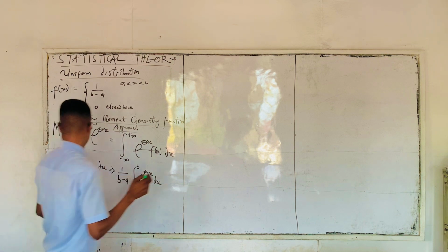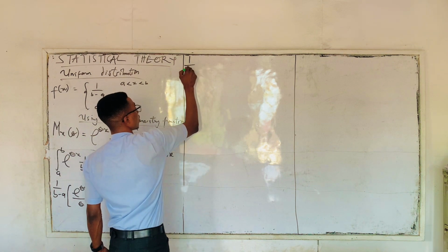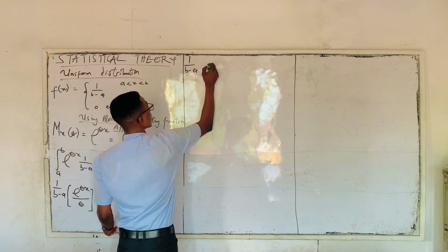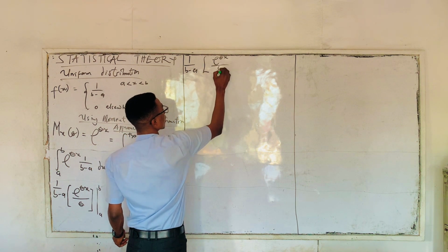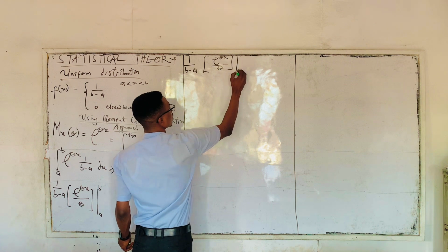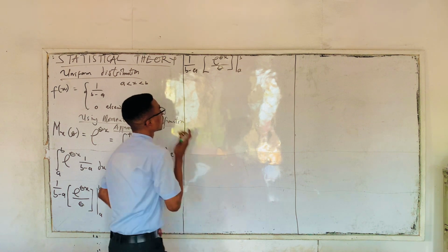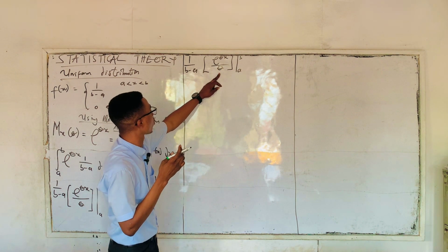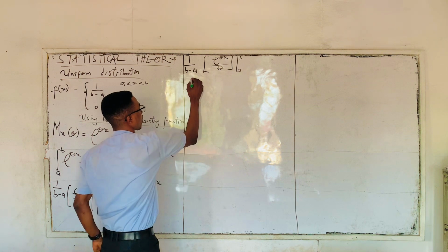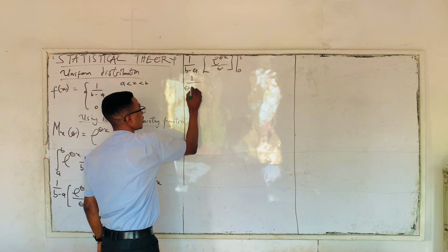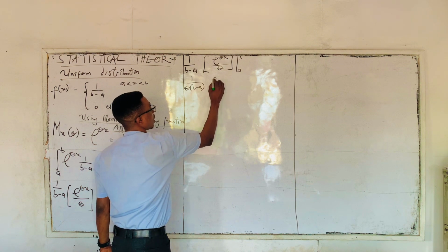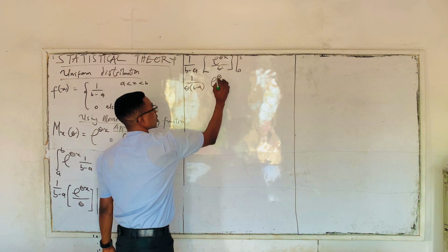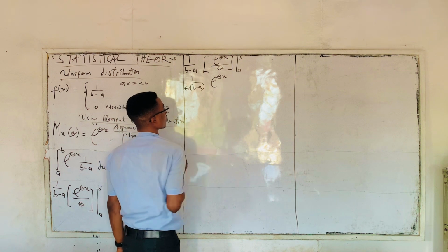And of course, we have 1 over b minus a times exponential theta x over theta, which ranges from a to b. Now we can bring out this theta to multiply this. We have 1 over theta b minus a and we are left with exponential theta x.